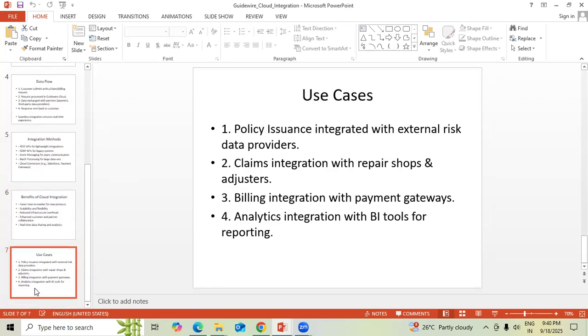Here is an example I have given so that you will understand. For example, any policy issuance that we do must be integrated with external risk data providers, as I told you. Underwriting team, I told you in the beginning of the session, we connect with underwriting systems. The underwriting systems will access the policy issuance data so that they can assess the amount of risk involved.